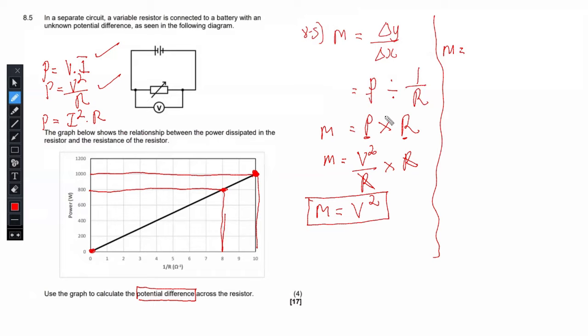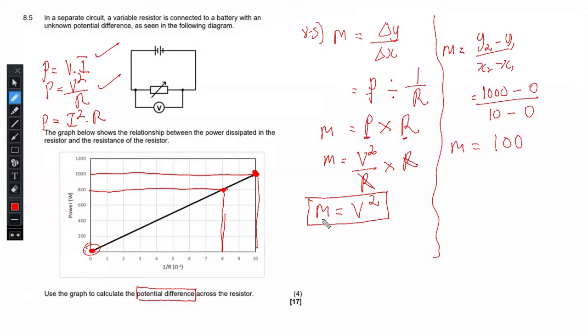Then, okay, y2 minus y1 over x2 minus x1. Our gradient will be, so I'm using the 1,000 minus 0, and then I'm using the 10 minus 0, which will give us 100. Right, so this is our gradient.